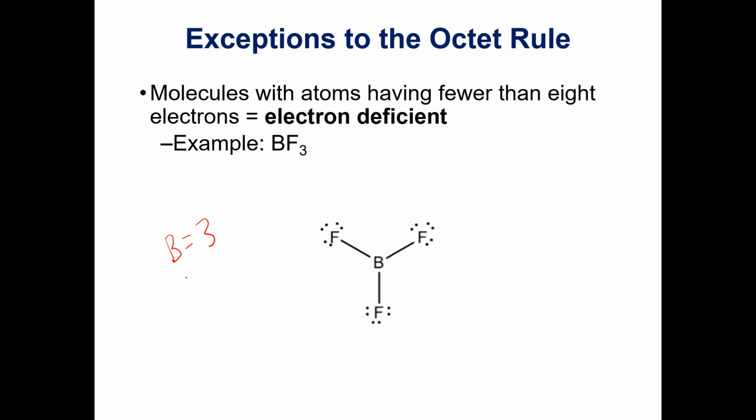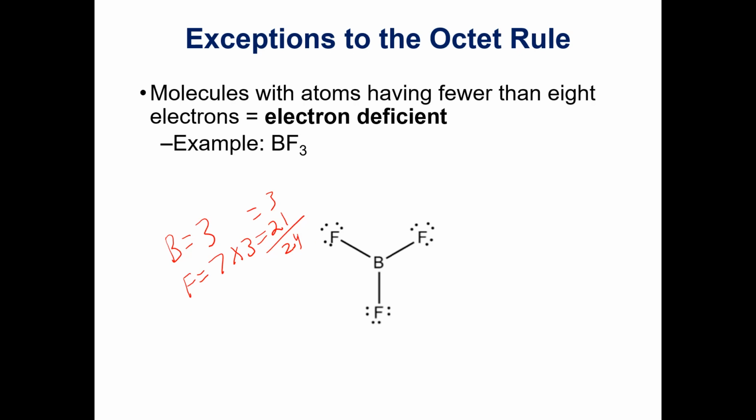And fluorine has a total of 7. So there's 21 coming from the fluorine and 3 from boron, which is a total of 24. So if we count up the electrons in the structure, we have 2, 4, 6, 8, 10, 12, 14, 16, 18, 20, 22, 24.